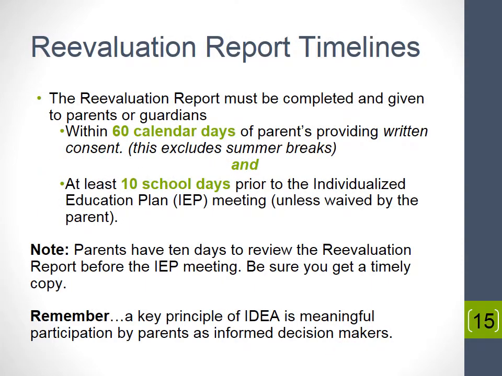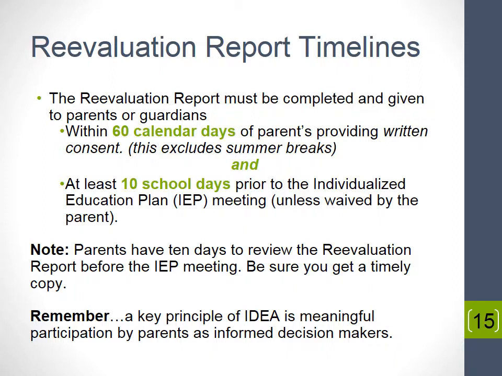It is important to know that A, there are timelines for the process, and B, where you can find the information. The reevaluation must be completed and the report given to parents within 60 calendar days of the date that the parent provided written consent.